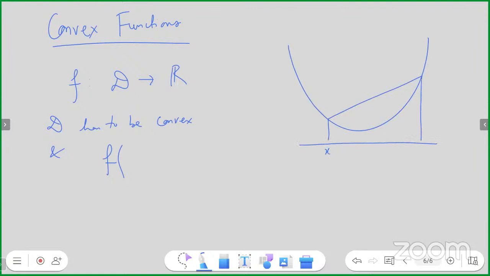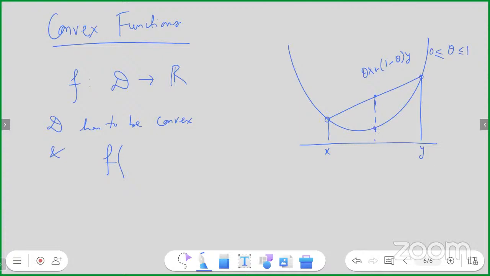Take x, y, and any linear combination, theta x plus 1 minus theta y, for theta between 0 and 1. What has to happen? The function evaluation at this point is lower than at this point and this point.